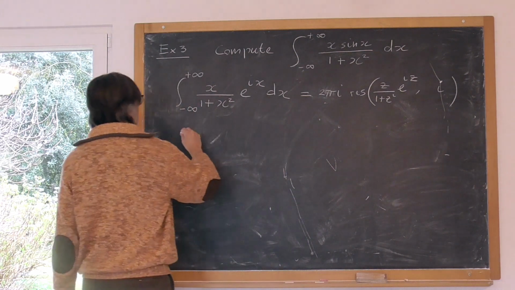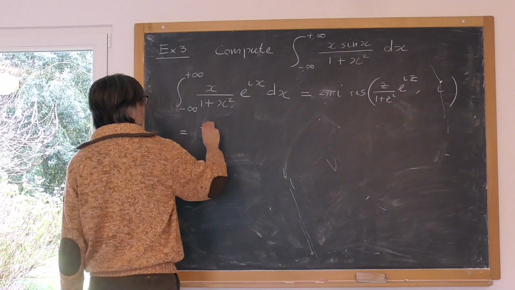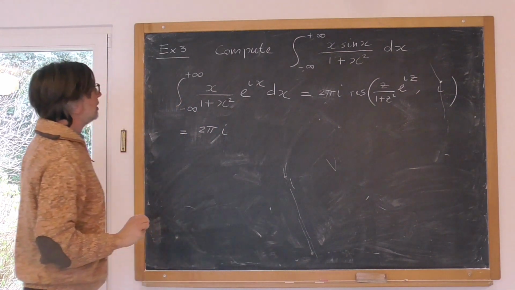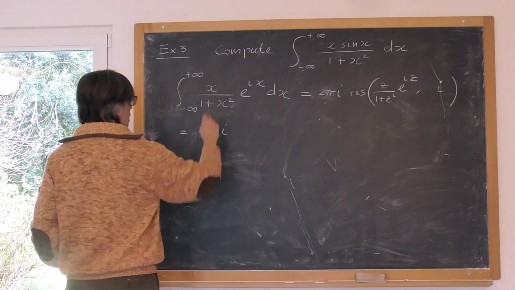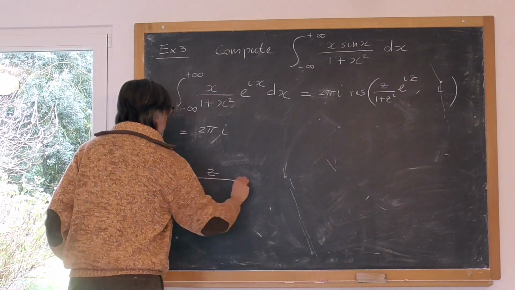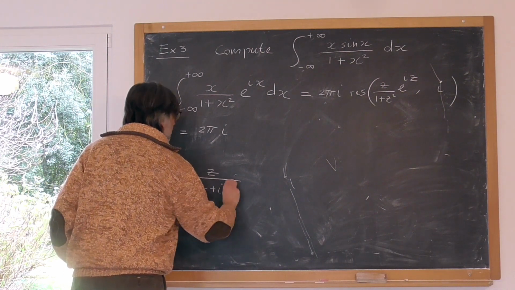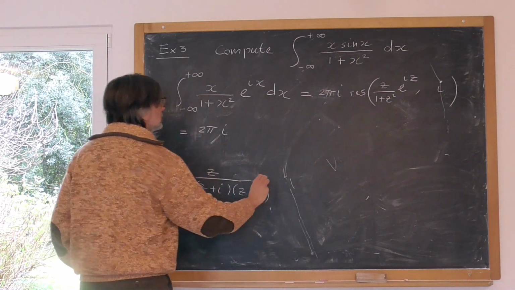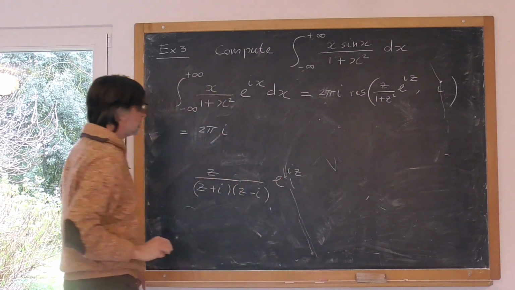So 2 pi i times the residue, when we factorize the polynomial as z plus i times z minus i, and then we still have e to the i z.